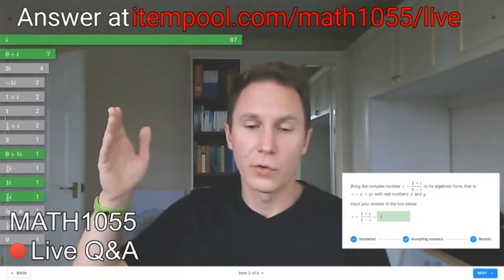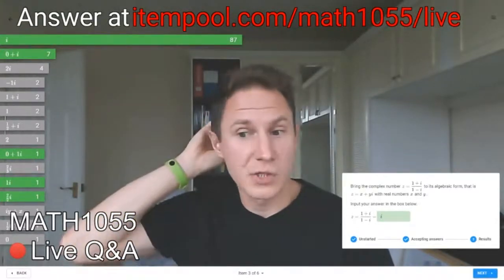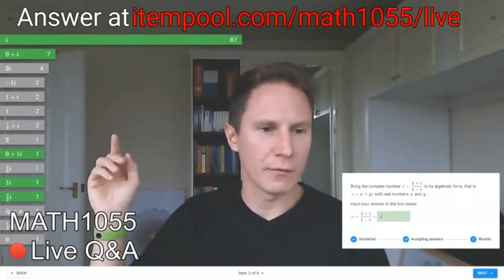You wanted to input it like x plus yi, and x turned out to be 0, y turned out to be 1. So you have inputted 0 plus I, which is good. I mean, it's the correct answer. If I would see that in a test or in your homework, I would be happy with that. Similarly, we have one person there with 0 plus 1i.